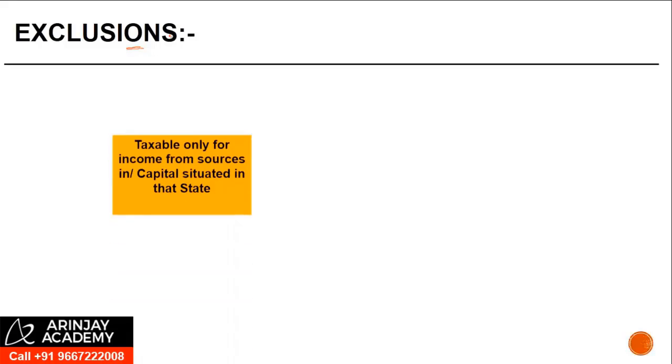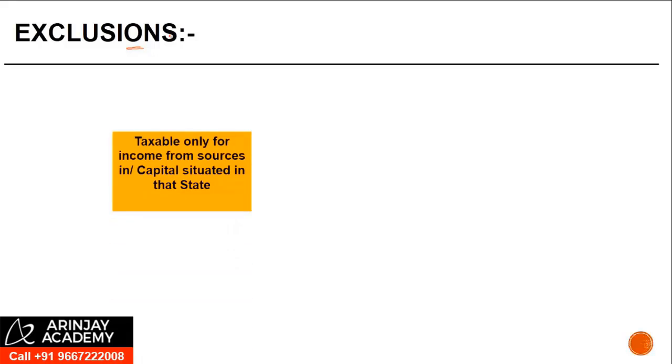Now coming to certain exclusions, which means certain people who are not considered liable to tax and therefore are not entitled to the benefit of the treaty. That is, a person who is taxable only for income from sources in, or capital situated in, that state. So if you are taxable only for sourced income, then you are not considered a resident of that state.